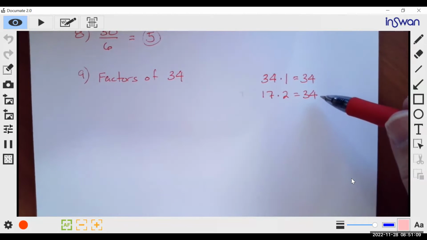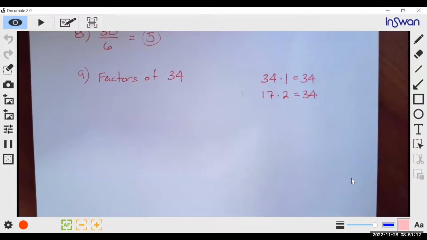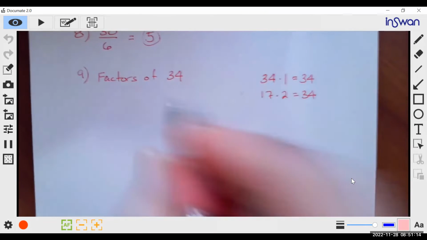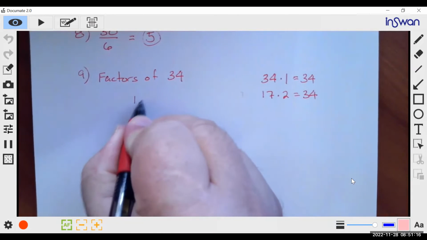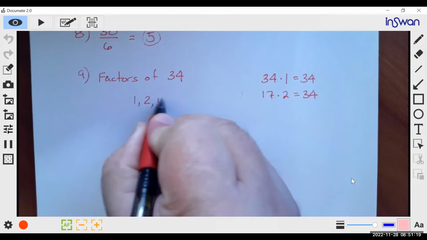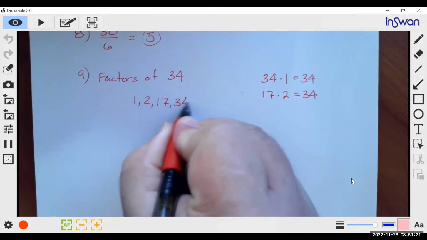Is 8 on there? No. So the factors of 34 are 1, 2, 17, and 34.